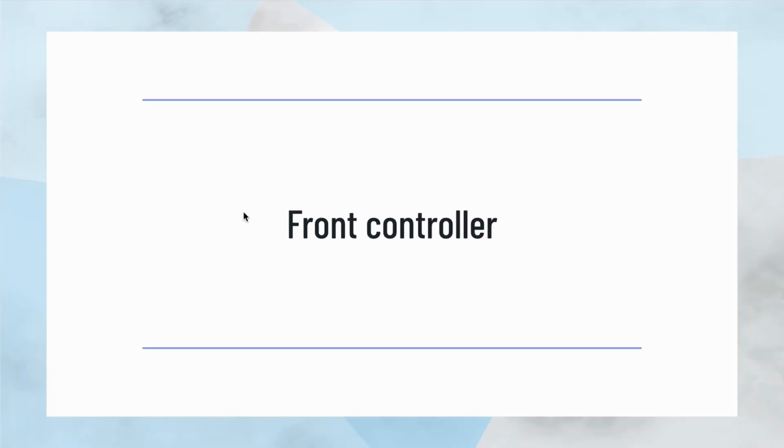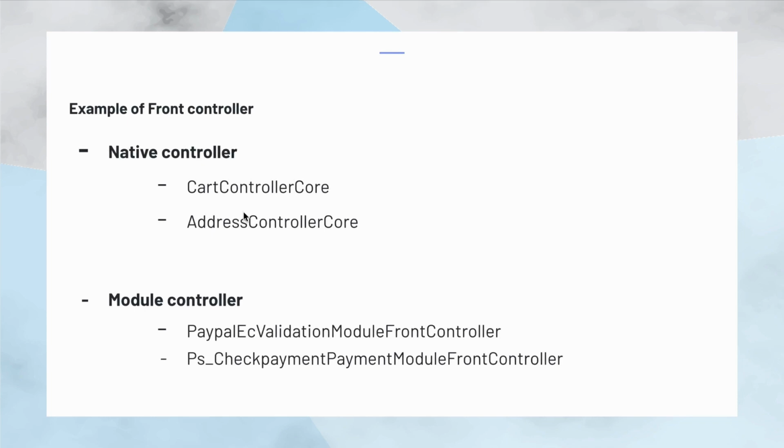The very first type is the front controllers, and in these front controllers we also have two types. The very first type is called the native controllers, which are basically classes that get shipped with the default installation of Prestashop. Here I listed two of them: the cart controller and the address controller.